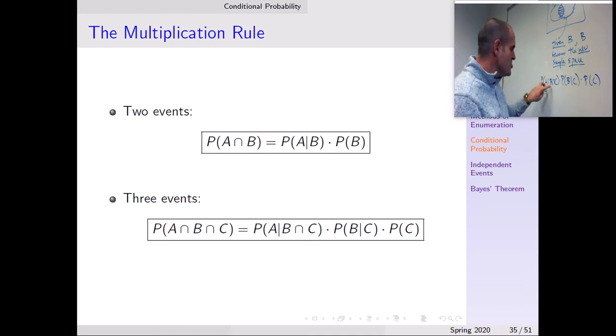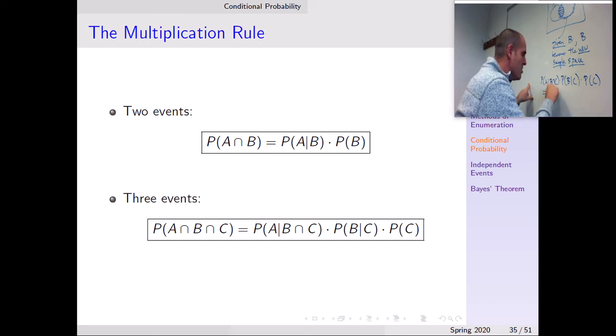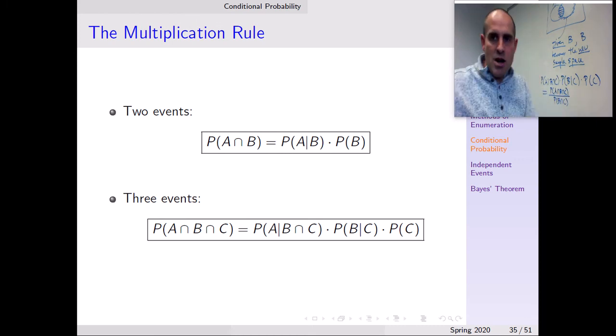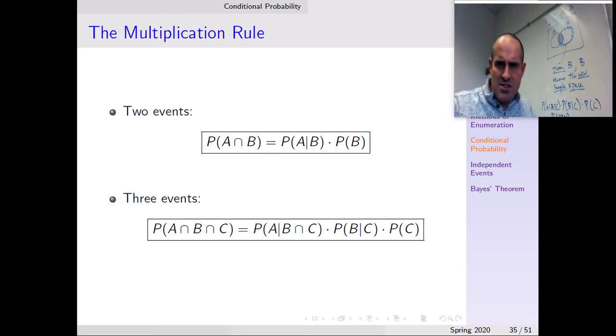The formula says that this first factor is the probability of A and B and C divided by the probability of B and C, right? That's what the formula for conditional probability says up top, yes?